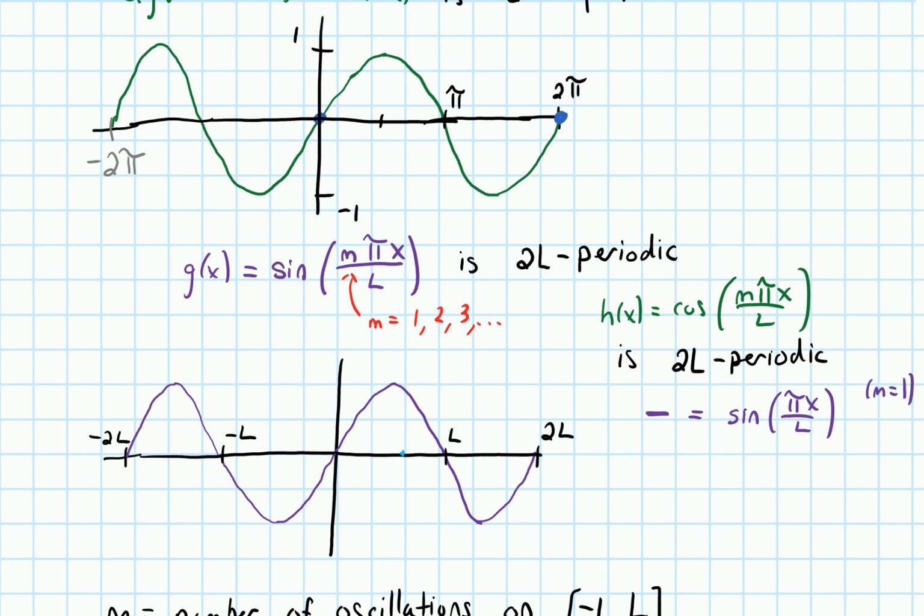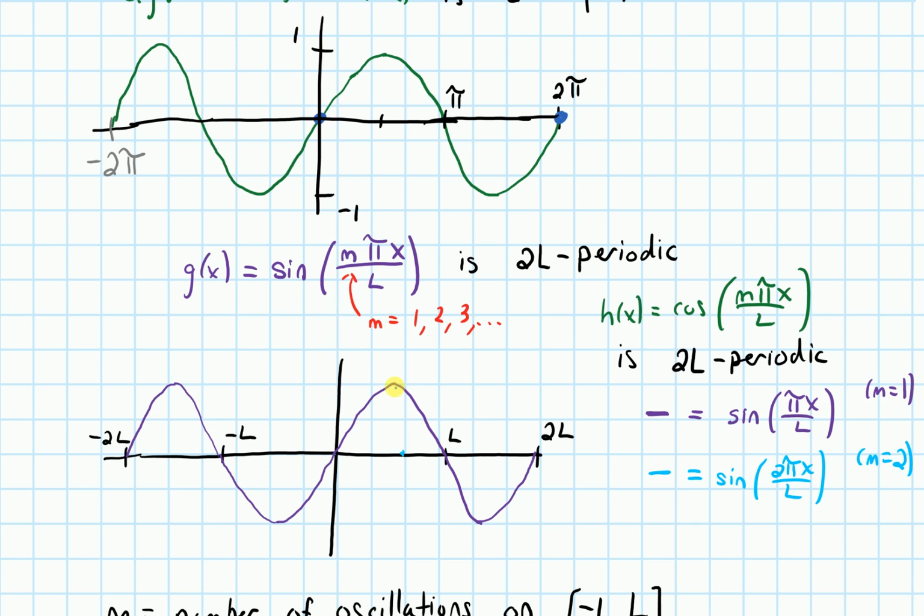So next, let's draw a graph for what happens if m is 2. This would be sine of 2 pi x over L. So this is when m equals 2. When m equals 2, that's going to make it oscillate up and down twice as often.